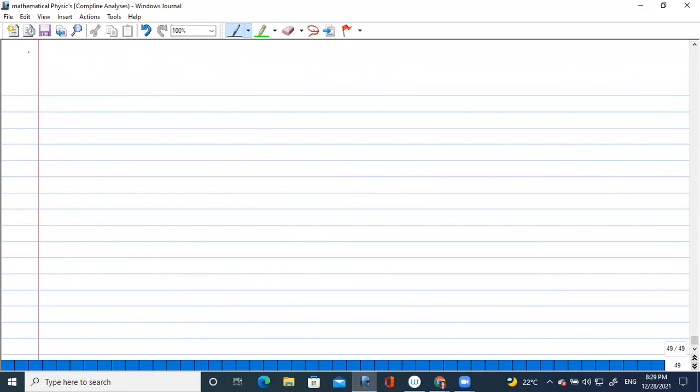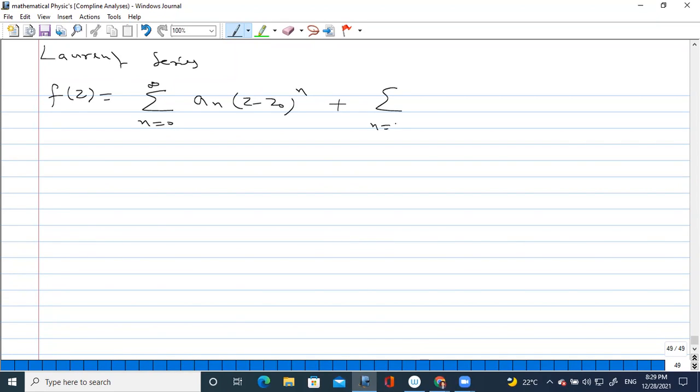So if I write the Laurent series, what is the Laurent series? f(z) equals summation n equals 0 to infinity a_n (z minus z0) to the power n plus summation n equals 1 to infinity b_n divided by (z minus z0) to the power n.